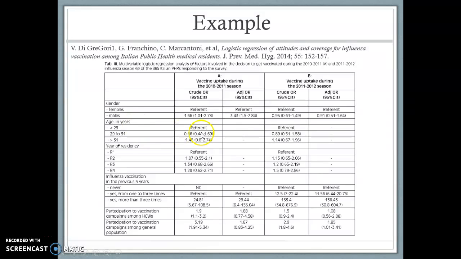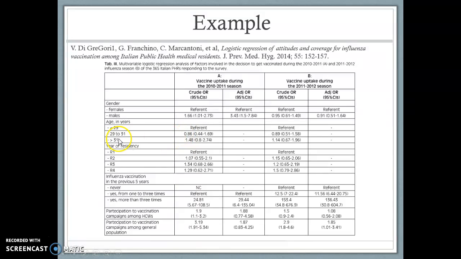If we look here, increasing the age from being young, less than 29, to being slightly older, between 29 and 31, changes your odds by 0.86. So that actually is a lower odds. You're less likely to give the vaccine if you're 29 to 31.